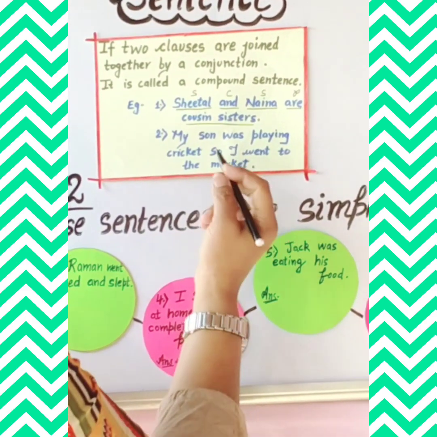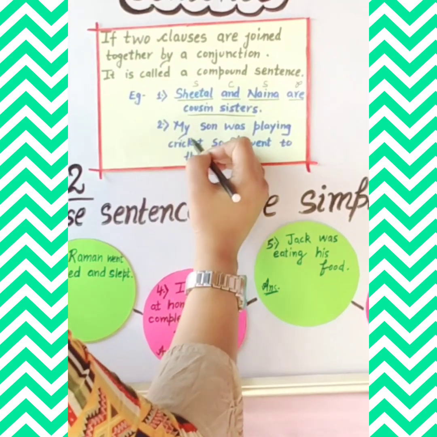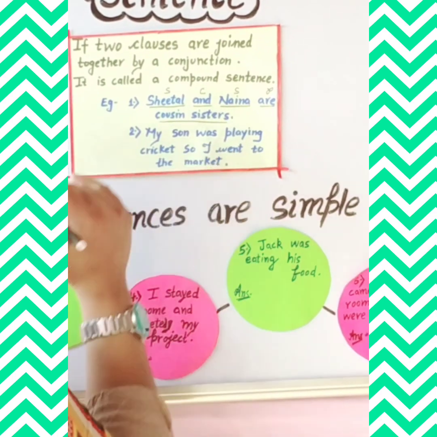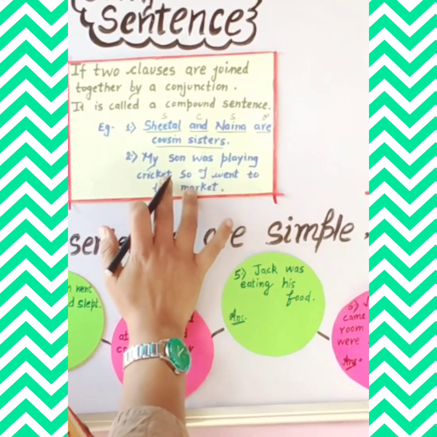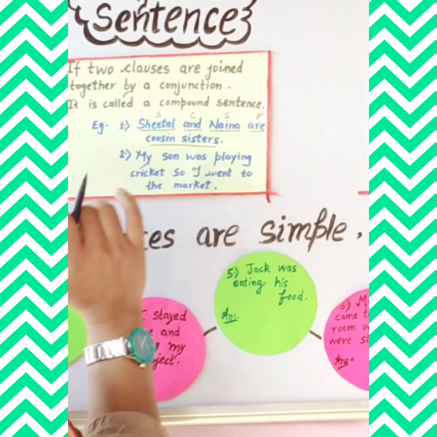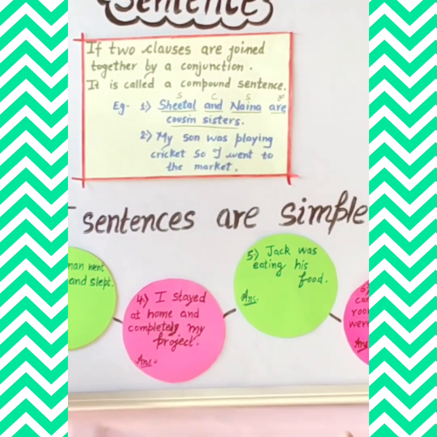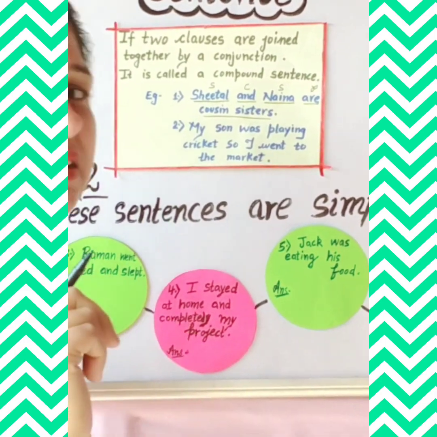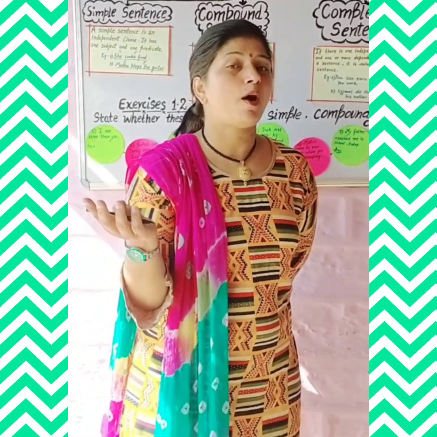In this what you are seeing, that my son was playing cricket. मेरा बेटा क्रिकेट खेल रहा है. So I went to the market. इसलिए मैं मार्केट चली गई. So here you are seeing that two sentences are joined by the conjunction and it is making a proper sense.